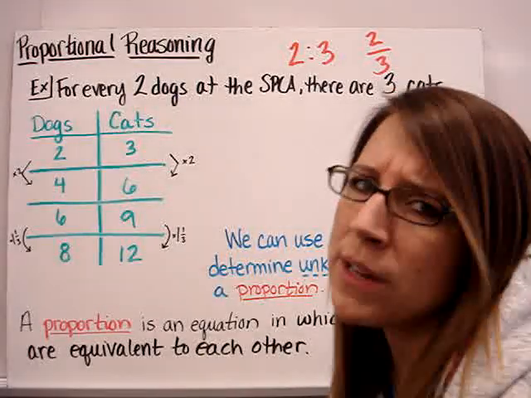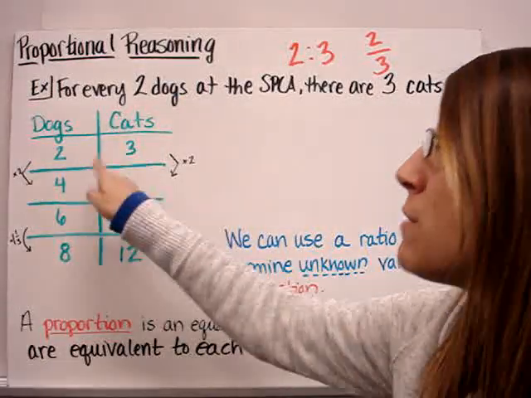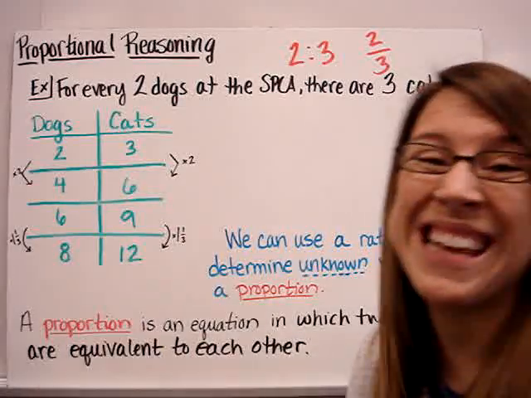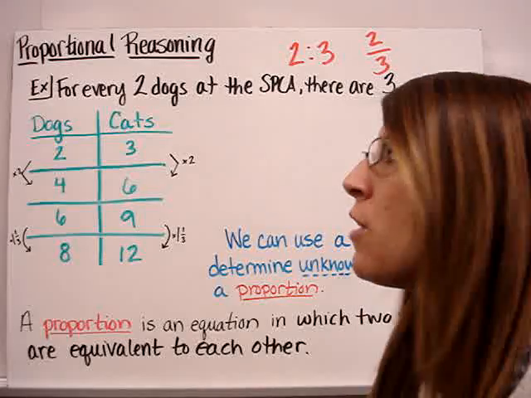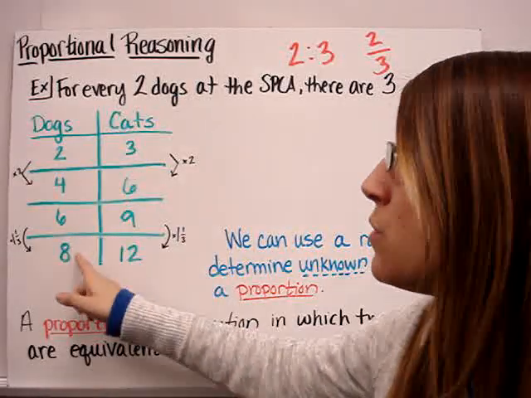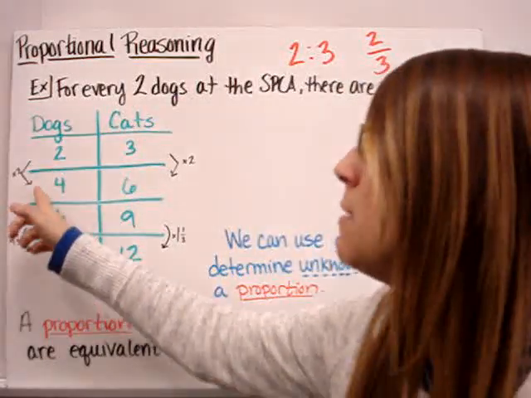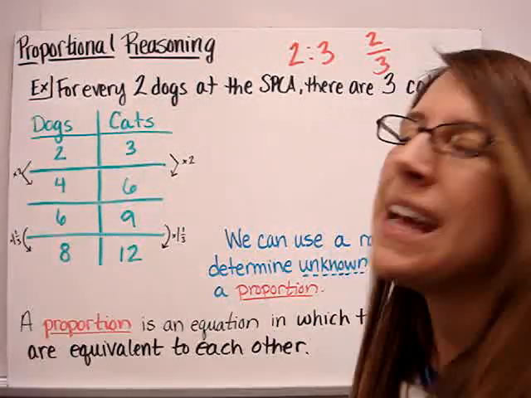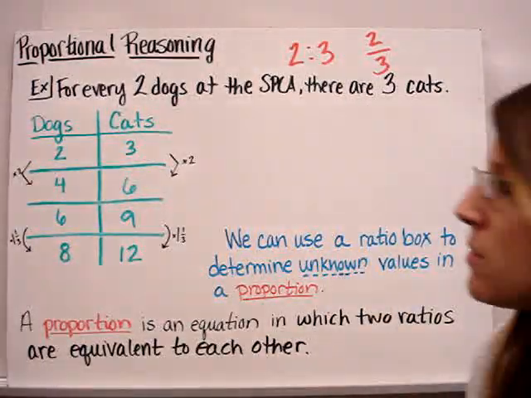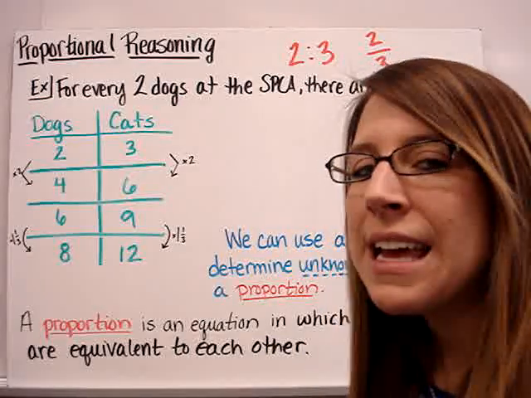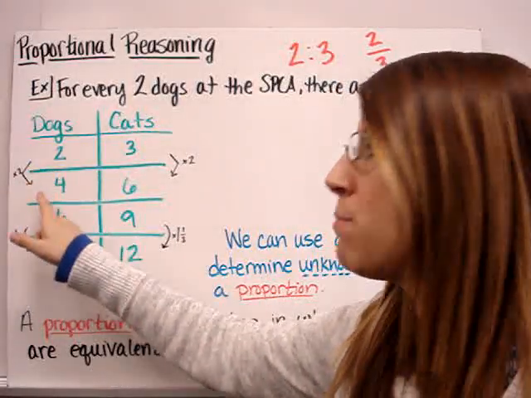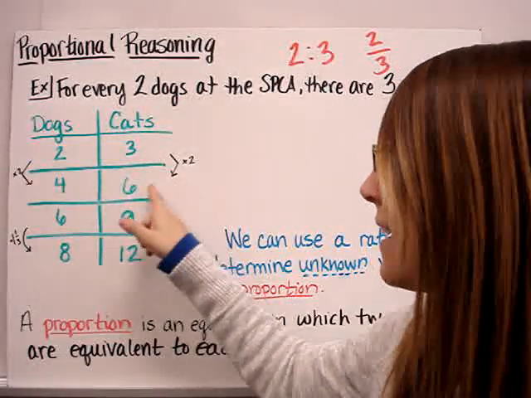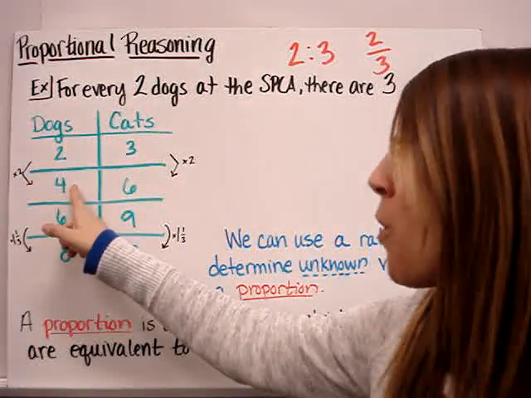It's important to note here that it doesn't multiply by 2 every time. If it did, this would be 2, 4, 8, 16, etc. But it's counting by 2s, so the multiplication between each quantity is going to change, and I've tried to note that for you. You can see that in this ratio table from 2 to 4 is multiplied by 2, so that's how we get 6 cats if there are 4 dogs.